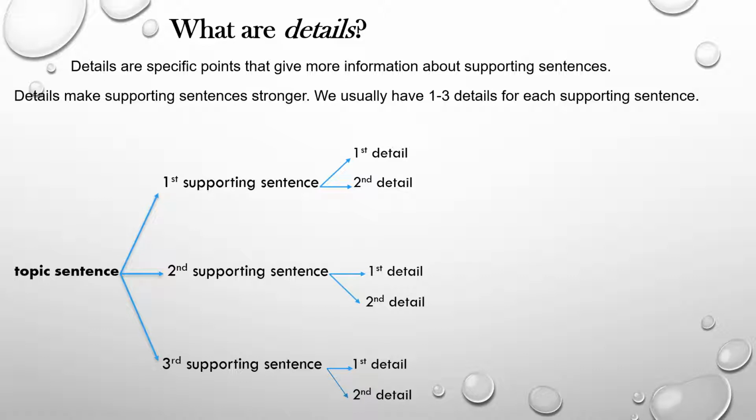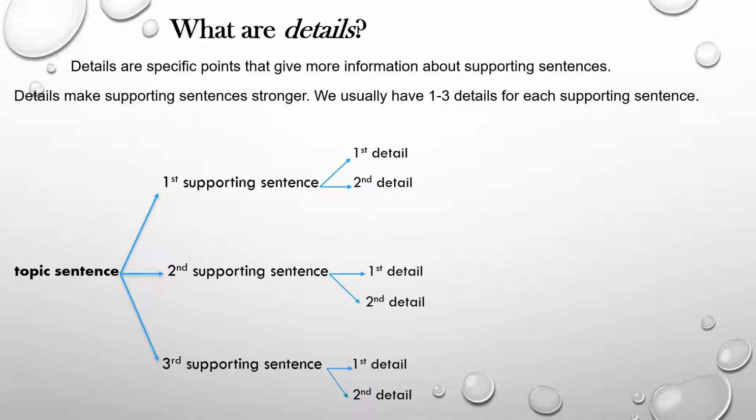We need details to give specific information about those supporting sentences. So what do details do? Details make supporting sentences stronger and more convincing. And we usually have 1 to 3 details for each supporting sentence.